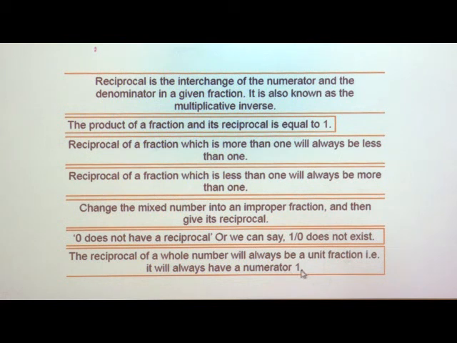That is, the reciprocal of 2 will be 1 upon 2. That is a unit fraction that should be in the numerator. This is just a recall of a reciprocal always, because you should know that when we get a 0 or we will get a reciprocal with a fraction, whole number, mixed fraction, how to convert. So, I had just to recall the reciprocal of it.